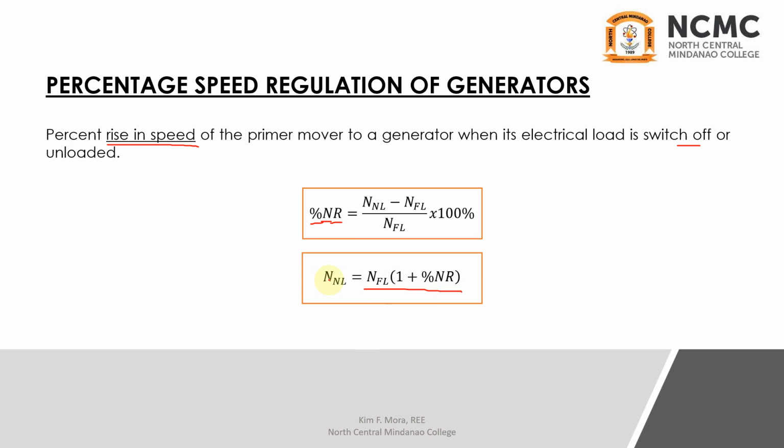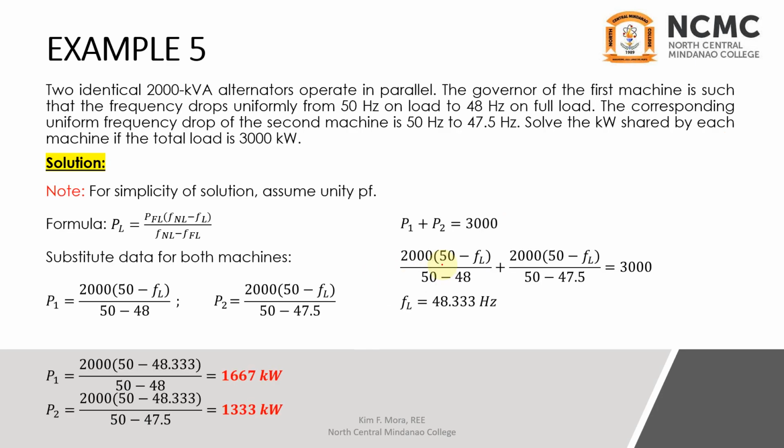So no need to memorize this one. Just remember the first formula, then if you're asked to find the no load speed, we just manipulate the formula above to get it.